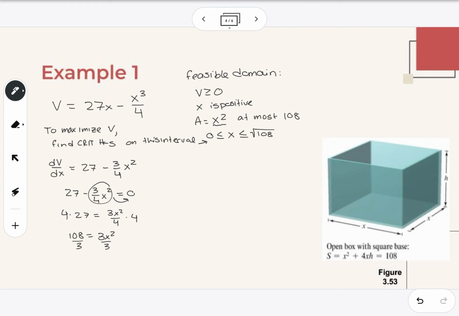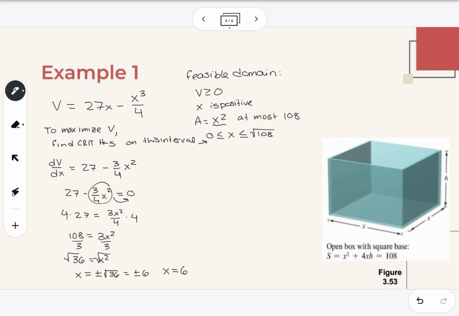And then you're going to take the square root, so you get 36 equals x squared. When you take that square root, you get x equals the positive or negative square root of 36, which is positive or negative 6. We said that negatives wouldn't really make sense, so we're just going to say we're looking at x equals 6 as our value here.